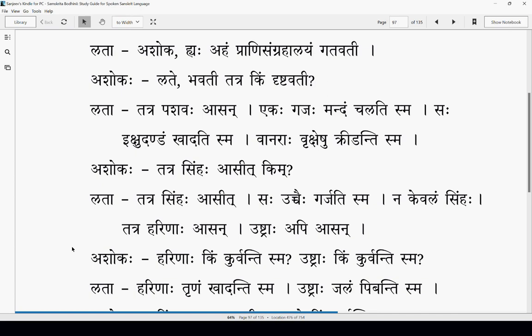If you use Gajaha Chalitavan Asti, the elephant has walked. Then the meaning changes. But if you use Gajaha Chalati Sma, that means the elephant was walking. Dhanyawad Mahoday.